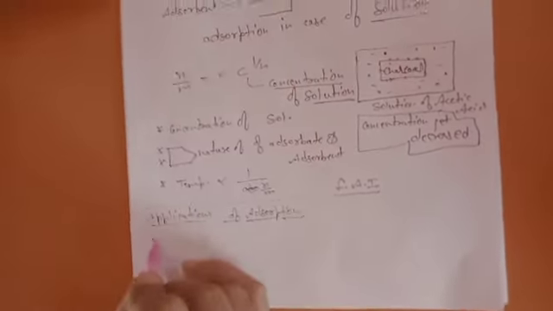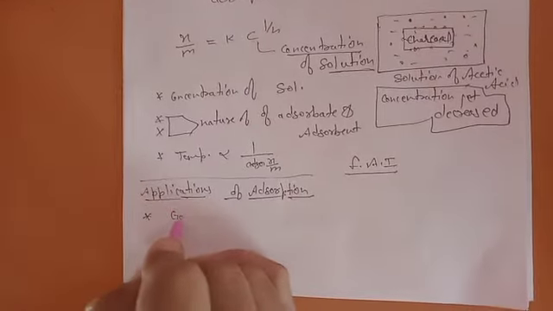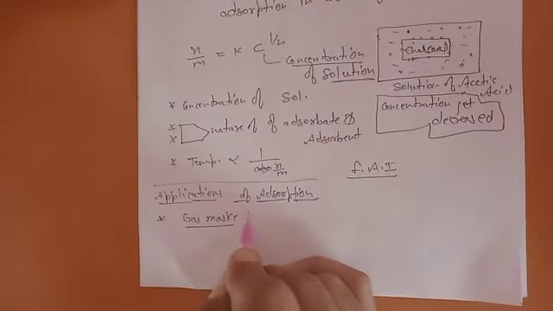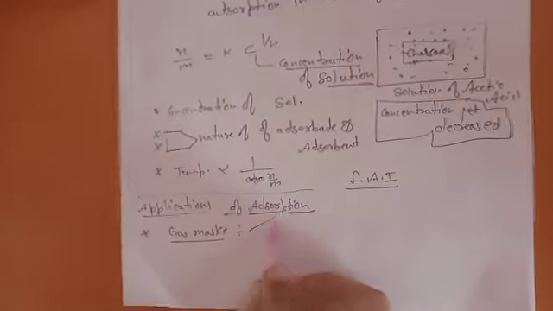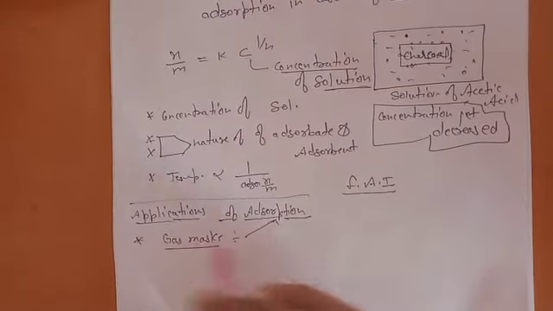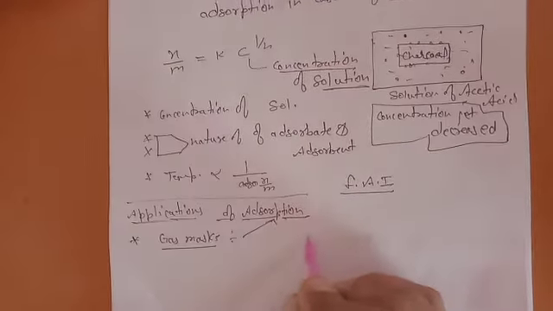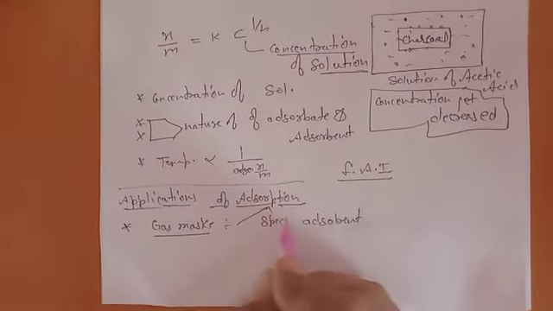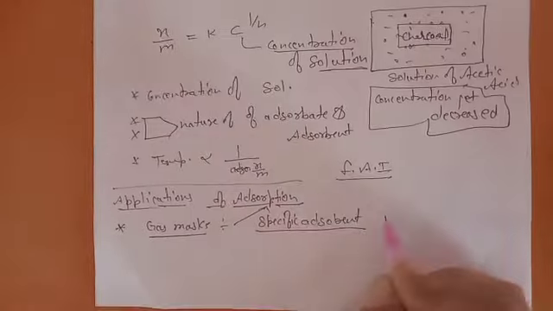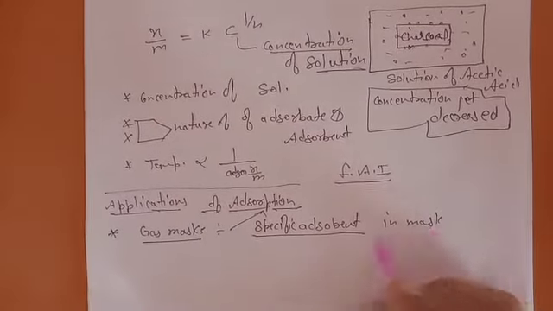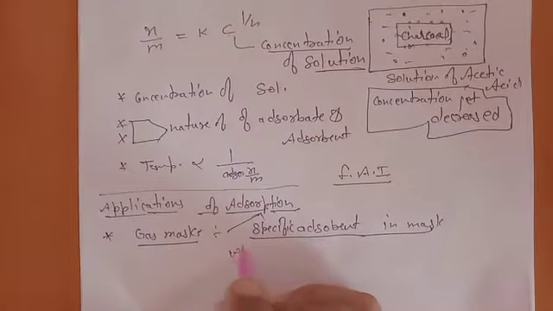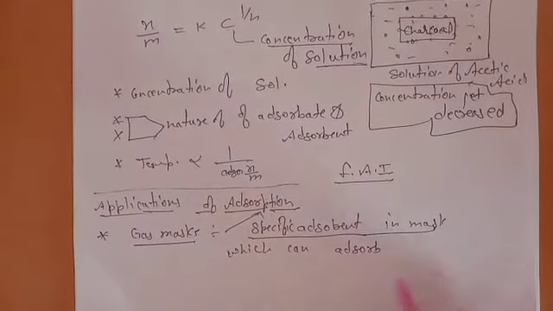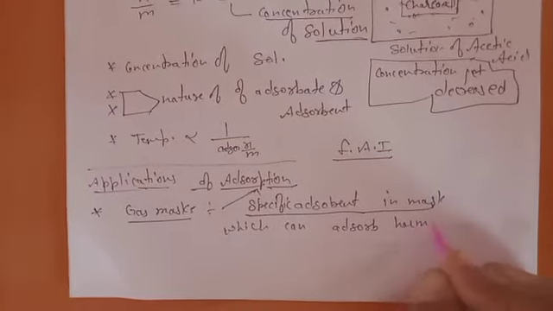So the first application you can take is the gas mask, particularly used by policemen. That gas mask actually works on the principle of what? Adsorption. Why? Because we put a specific adsorbent in the mask, which can adsorb harmful gases.